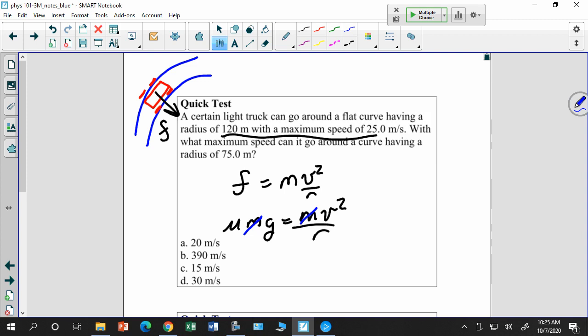If I have a banked curve, let's say that my curve looks like this, and this is like the front of the car coming towards you. Here you are in the car. If I have a banked curve, what's acting as the centripetal force in this case?